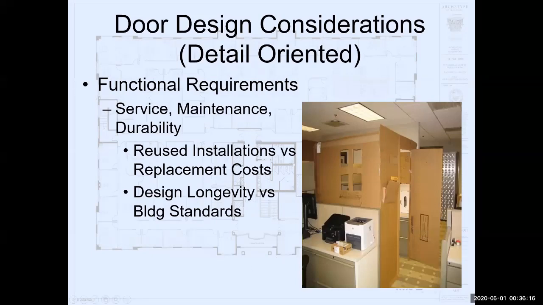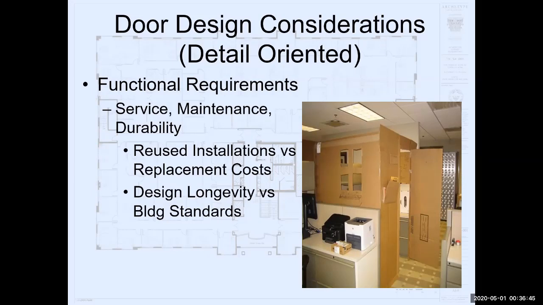Okay, so that functionality aspect, of course, we want this stuff to be able to function for a long time, unless it's a throwaway type of design. And I'm not going to go into what that can be, but obviously doors are expensive. The doors there at school going into the classroom, well, the hardware alone runs about $1,000.